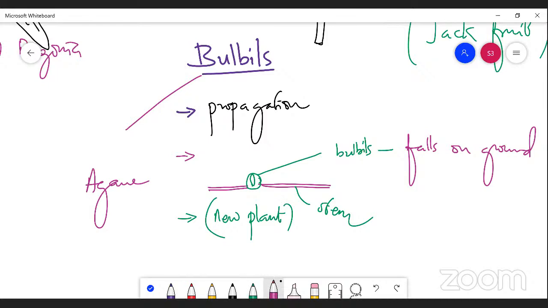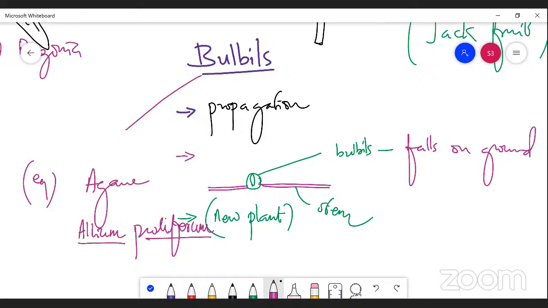One more example I can say is Allium proliferum.